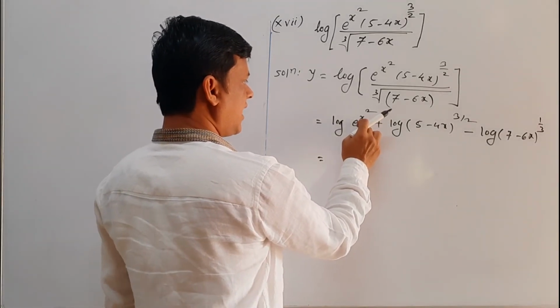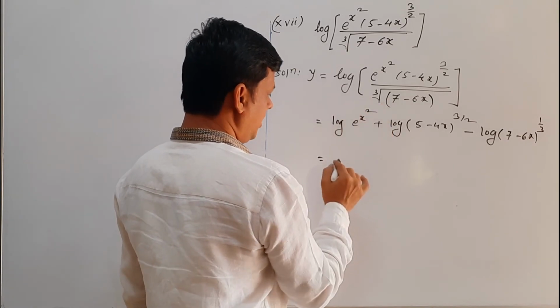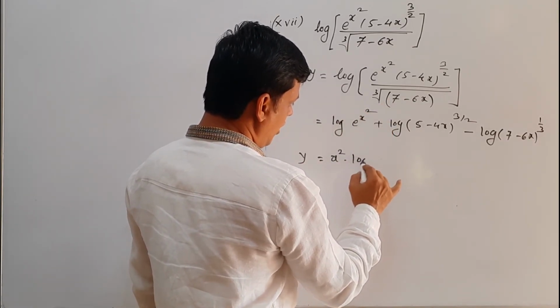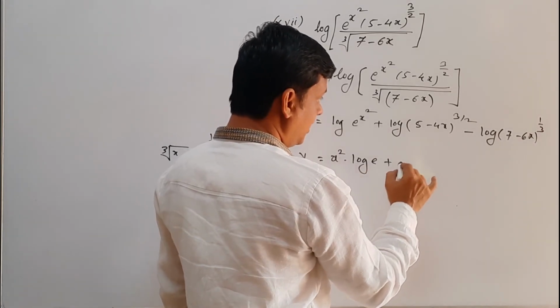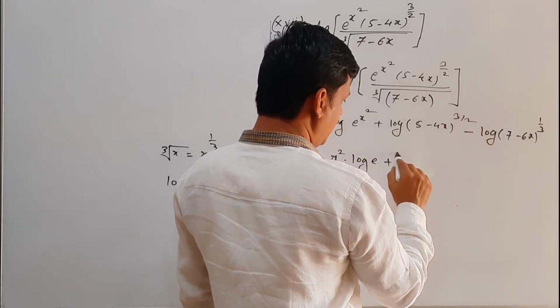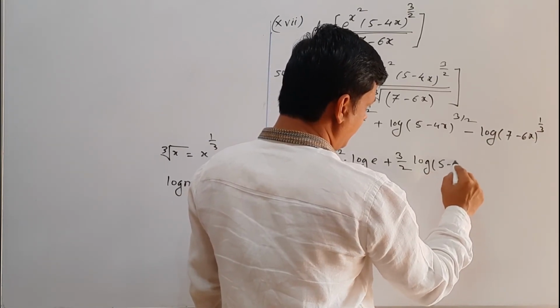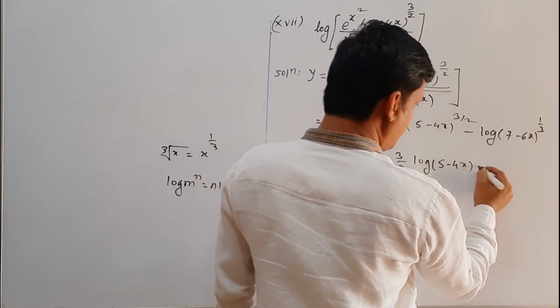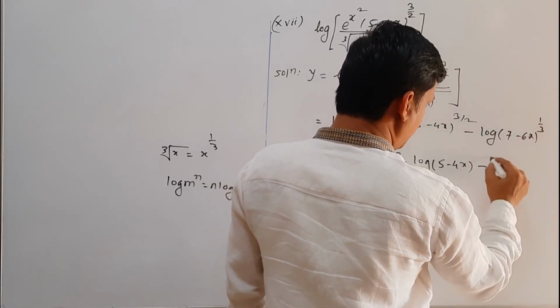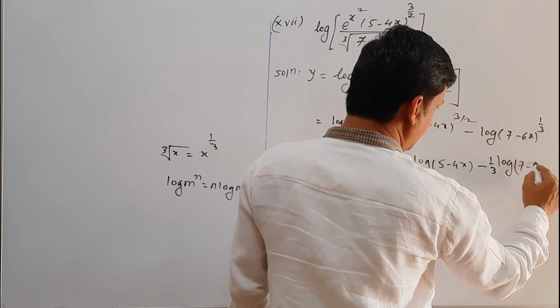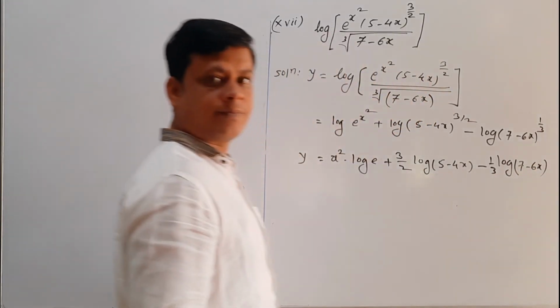So we write this x square which is in power in multiplication. So we write here x square into log e plus, we write this power in multiplication. So we write plus 3 by 2 log of 5 minus 4x minus, we write this power 1 by 3 in multiplication. So 1 by 3 log of 7 minus 6x.